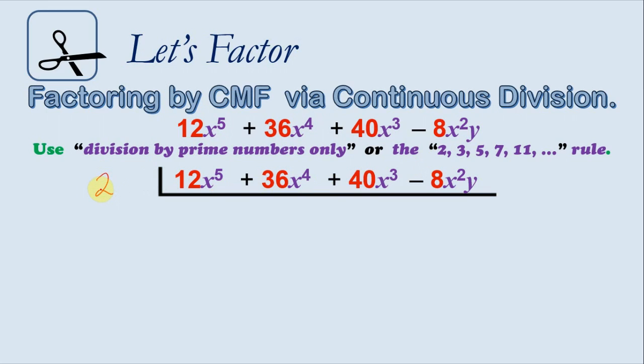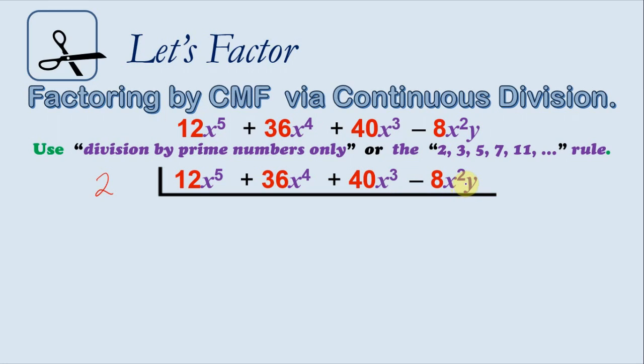Next step is to find a possible divisor for the variables. Remember that finding a variable divisor is a one-time event and is only done once, and at the beginning. What is the GCF of the variables x to the 5th, x to the 4th, x to the 3rd, and x squared y?